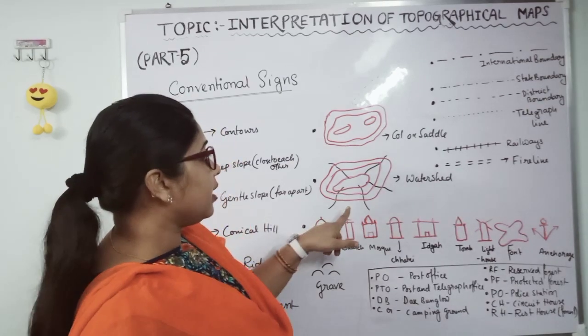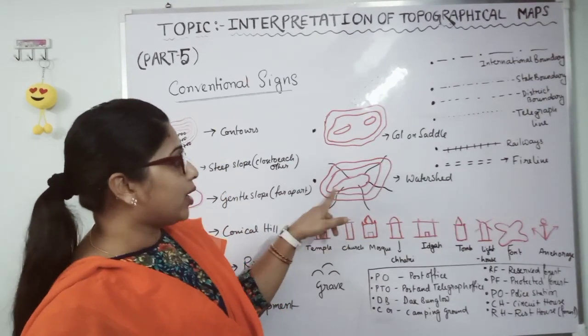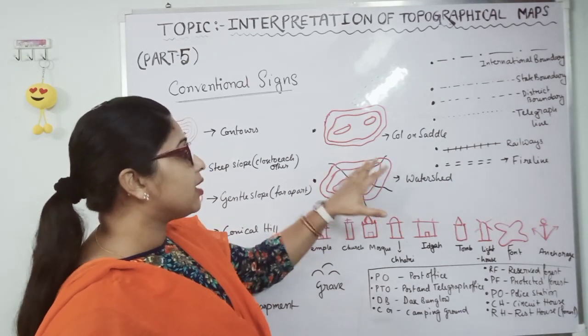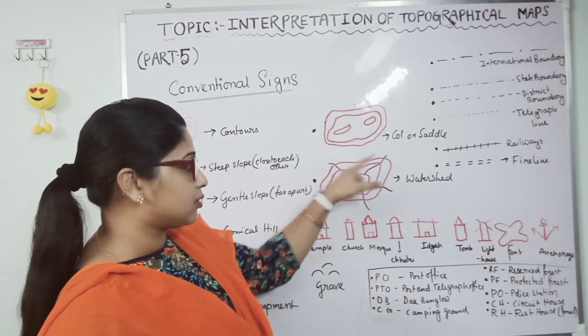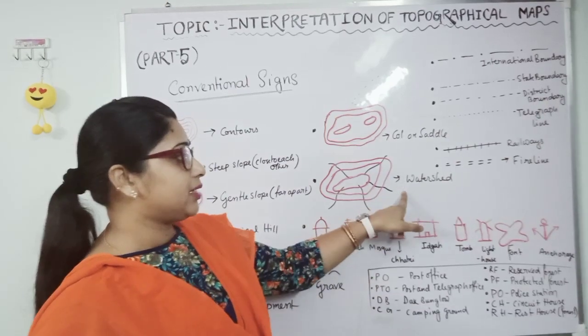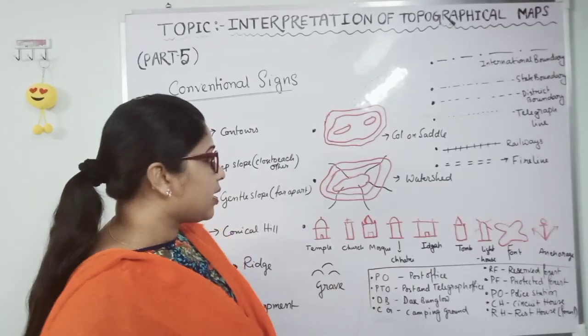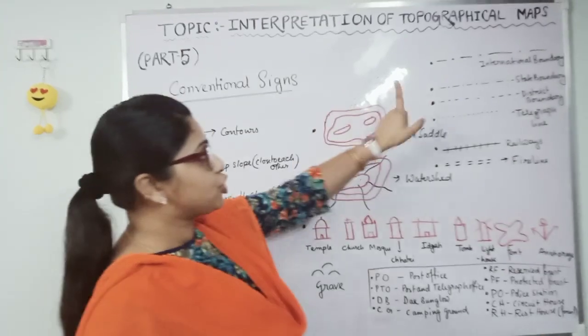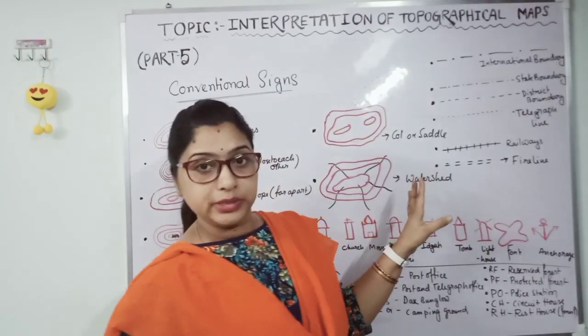Okay, here see watershed. Within the contour pattern, some dry streams moving outside form a watershed.